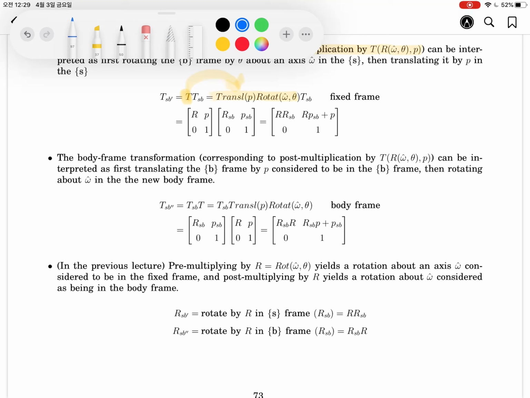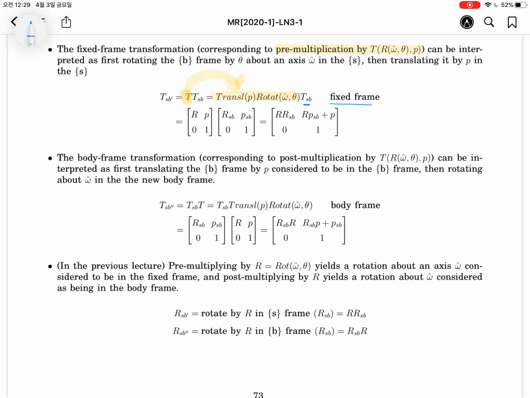Here, the pre-multiplication implies all the operation is achieved in the S frame, the fixed frame. So the TSB representation can be changed using this rotation first, and then translation is achieved.